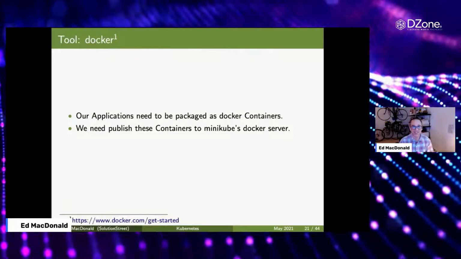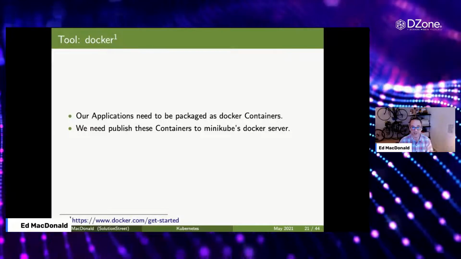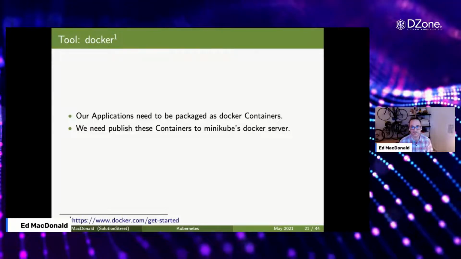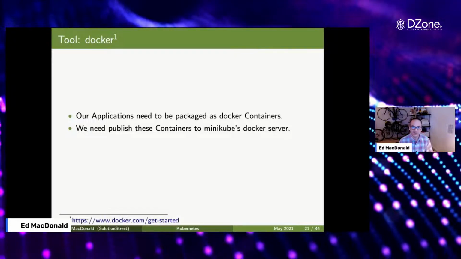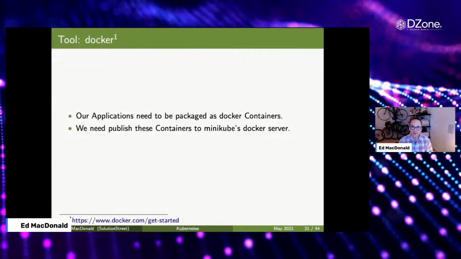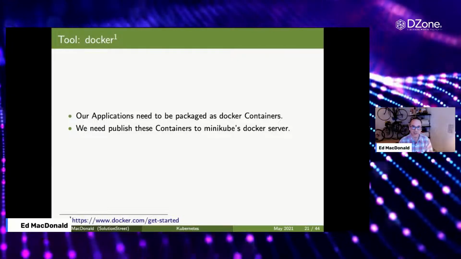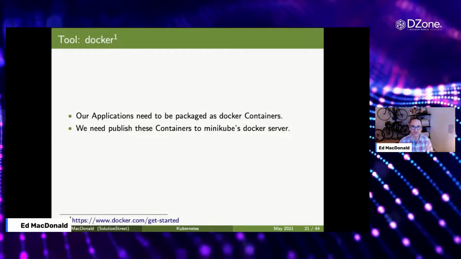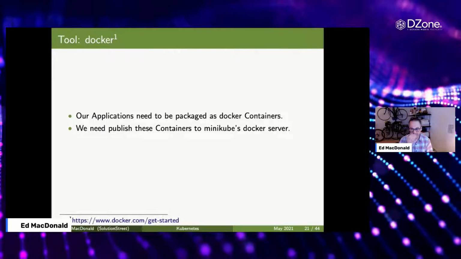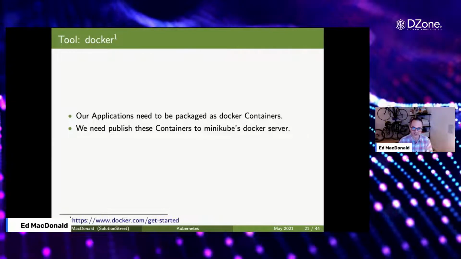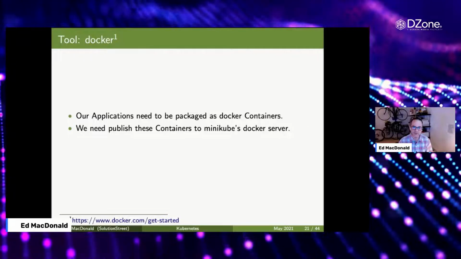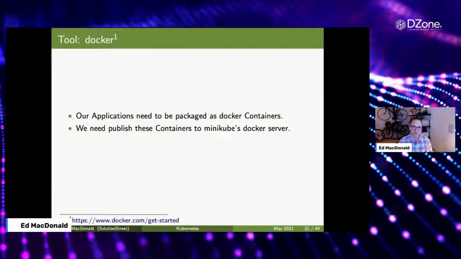For the purposes of this demo, we need to package our applications in a container. I chose Docker containers. And the Docker command line tool will allow me to publish the containers I create to Minikube's Docker server. So when you install Minikube, I run on a Mac. I think it's the same on Windows. It's slightly different on Linux because I don't think it needs to install a VM.